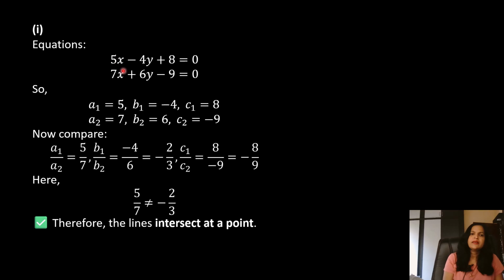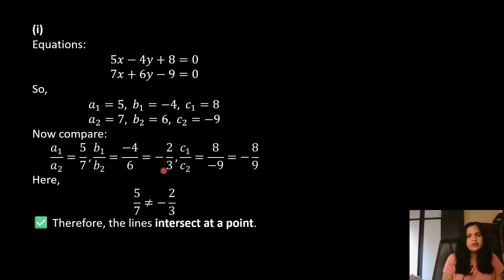First equation, 5x minus 4y plus 8 equal to 0. Second is 7x plus 6y minus 9 equal to 0. You get the values: a1 is 5, b1 is minus 4, c1 is 8. Then a2 is 7, b2 is 6, c2 is minus 9. Now compare a1 by a2, that is 5 by 7, b1 by b2 is minus 4 by 6, c1 by c2 is 8 by minus 9.